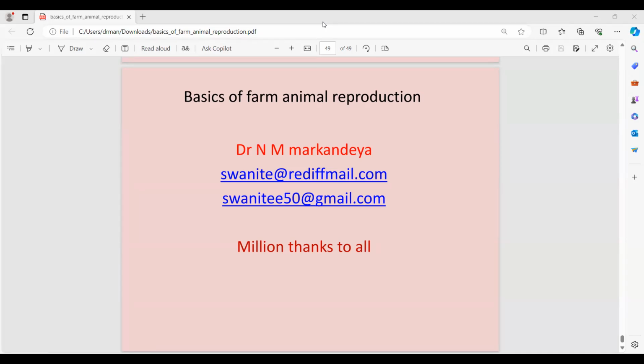There is one more question from Dr. Kalidas: in some heifers, cervicitis, swelling of the cervix is seen, what is the remedy? But I feel our questions are related to pathology of reproduction.